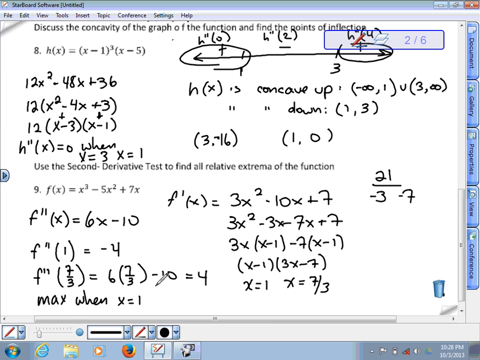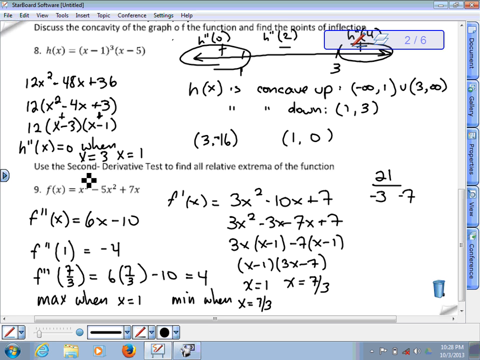So we know there's a maximum value at x equals 1. Now we plug in 7/3 and the second derivative turned out to have a positive value, which means the graph is concave up. So that represents a minimum when x equals 7/3. So we're going to have to plug these values in to actually find these points.